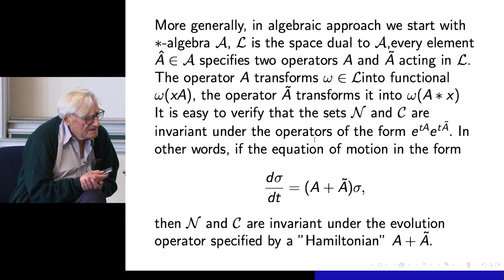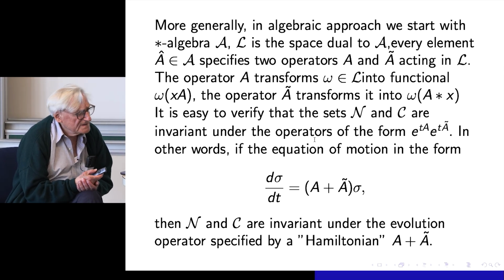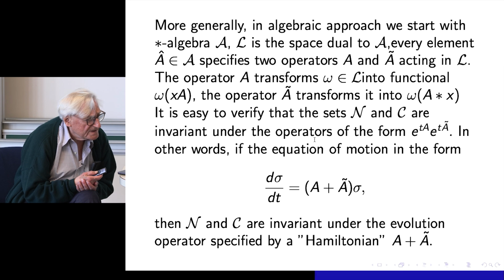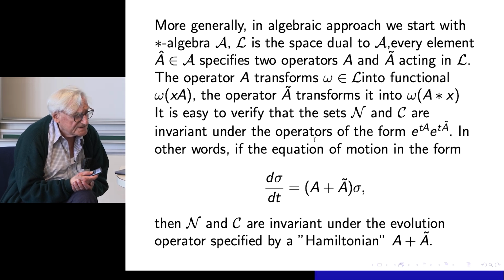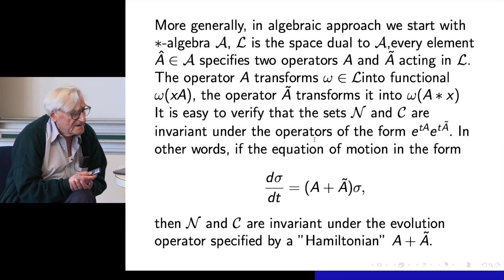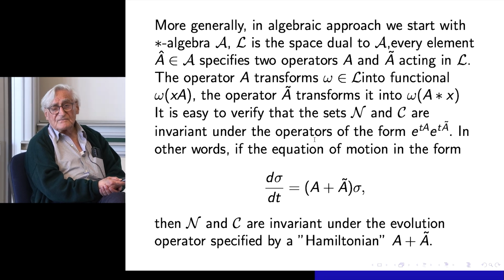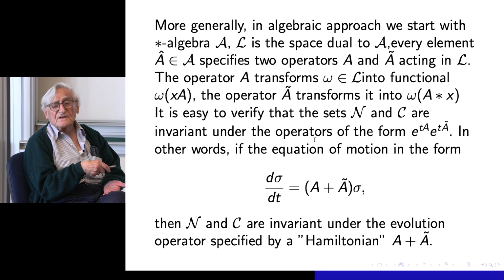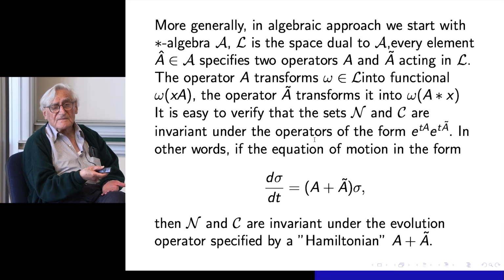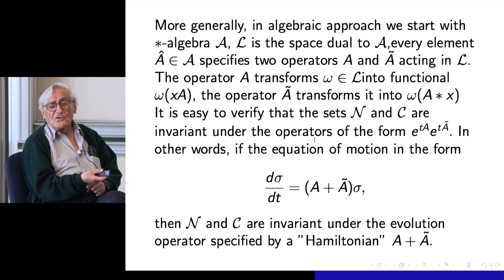Or you can avoid the language of density matrices. You can consider linear functionals. Then you have a linear functional omega of x, and you can have a new functional taking omega of ax or omega of xa.